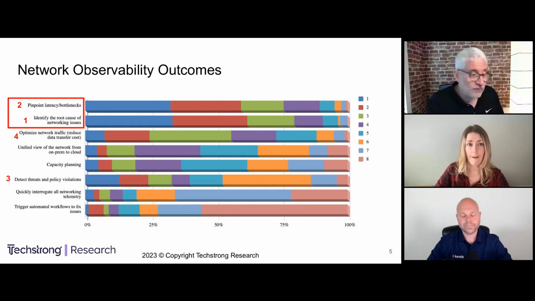Identify the root cause of networking issues, pinpoint latency and bottlenecks, before we got to things like detect threats and policy violations. We haven't even touched on the security and the threat aspect of this yet. So let's table that for a minute or two and really talk about the ops piece of that.